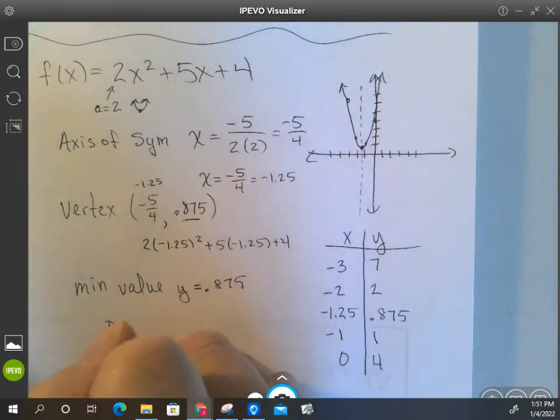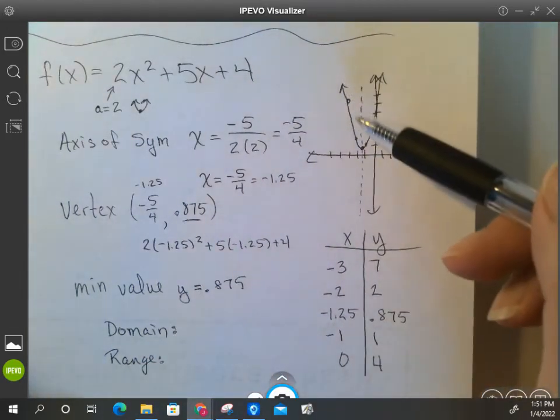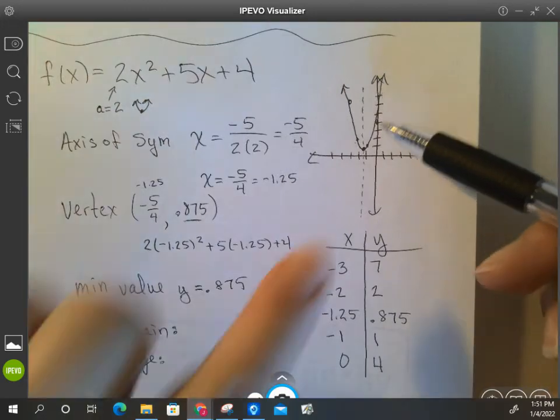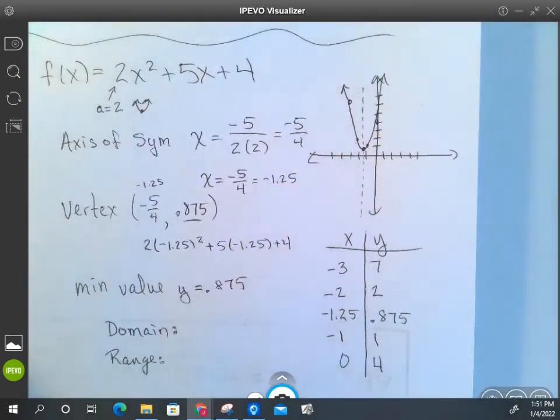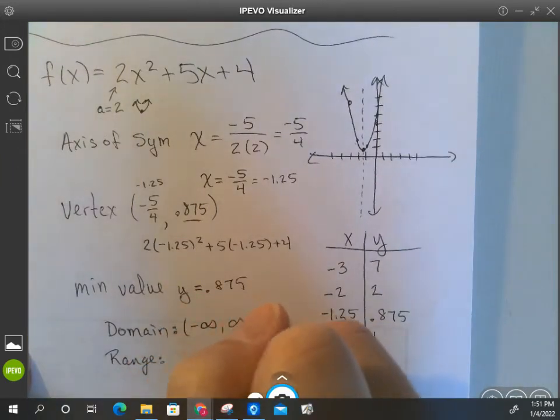So let's talk about our domain and our range. Domain has to do with x, range has to do with y, right? So we said the domain, no matter how my graph opens upward or downward, it's always getting wider. Now, because we have a skinnier graph, it's going to take longer to get wider, but it keeps pushing. So the domain is always going to be negative to positive infinity.